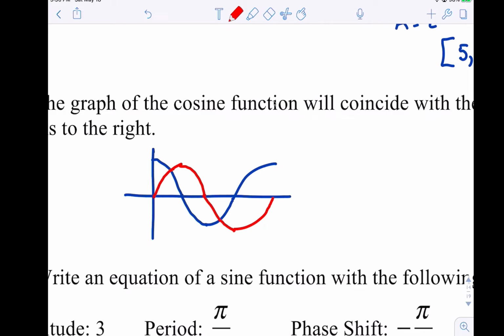So I need to figure out how many radians to the right I need to move my graph in order for them to overlap each other.